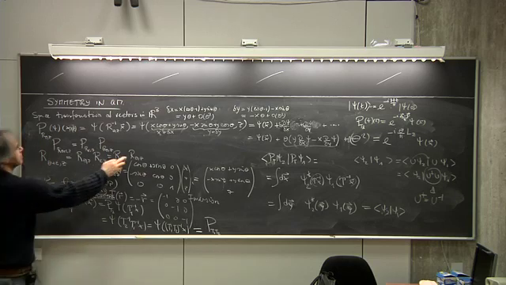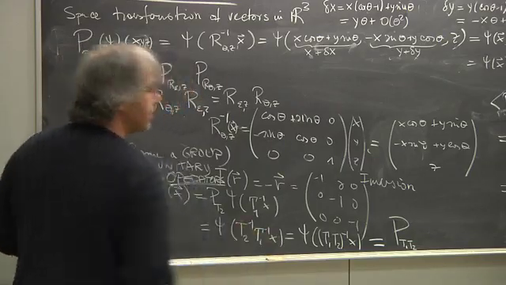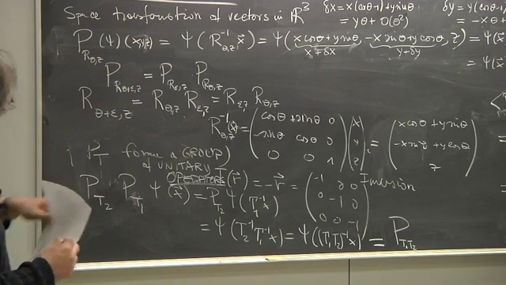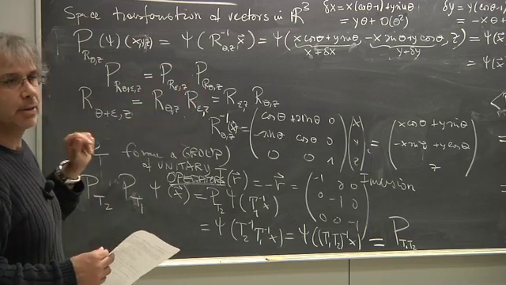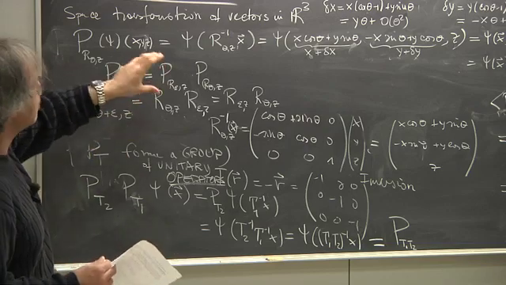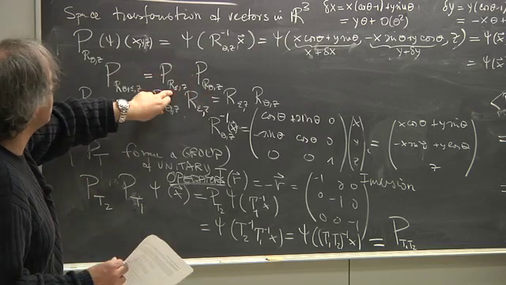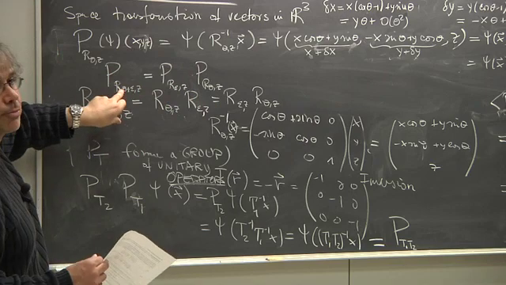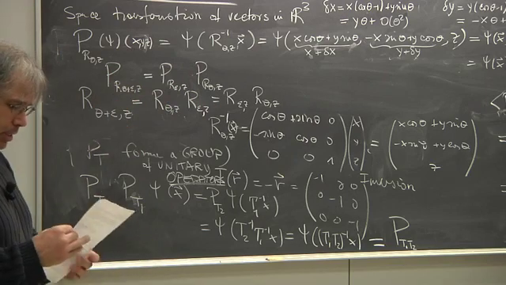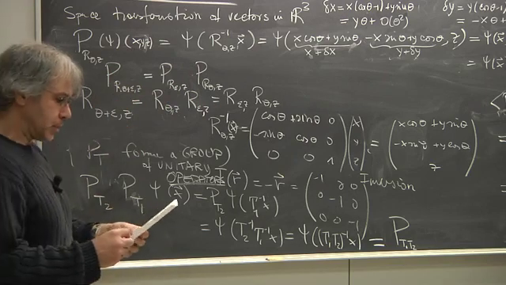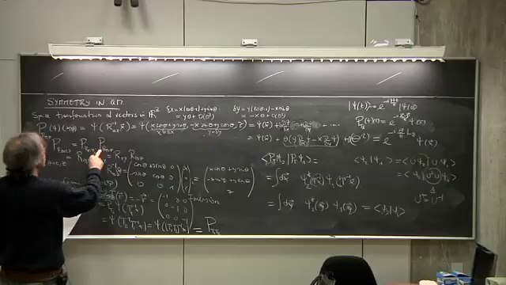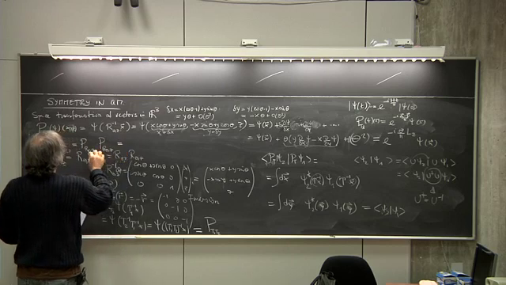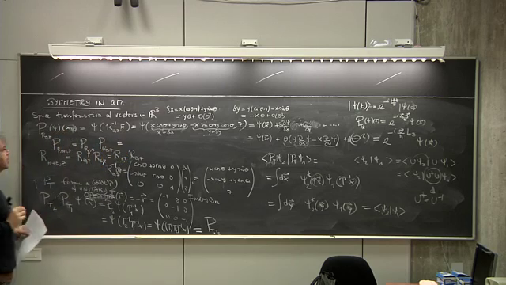Just because of this and because of this property, the same property is inherited by the P, okay? So you can perform rotation by theta, then rotation by epsilon, and this is equivalent to a rotation by theta plus epsilon, okay? Now, let us write this object now, knowing that this is infinitesimal.